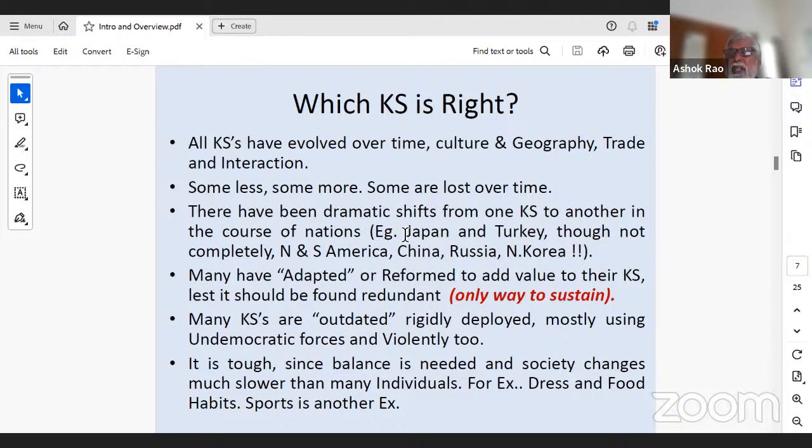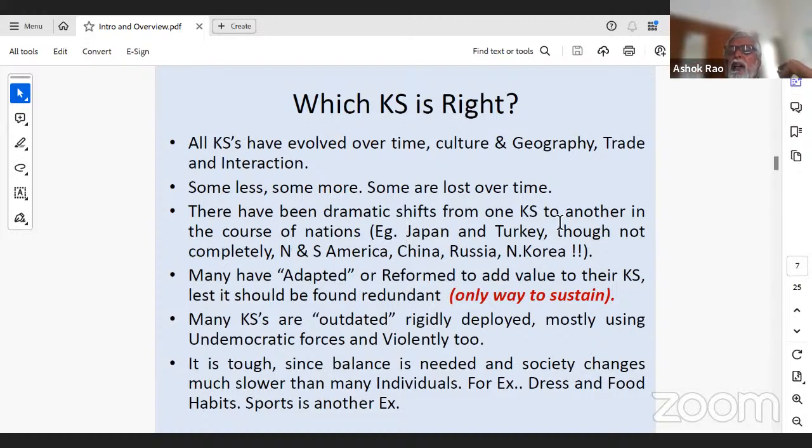For example, Japan suddenly in the 16th, 17th century decided to shift a lot of its behavior, practice, and values from the traditional Buddhist-dominated Shinto type of culture, and they imbibed a lot of Western knowledge system ideas.